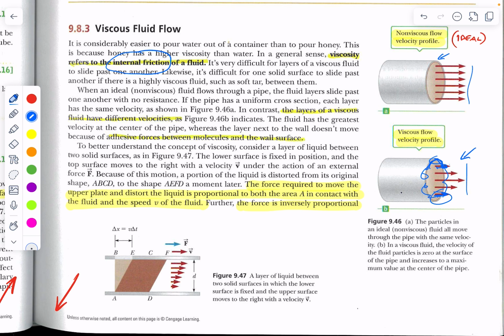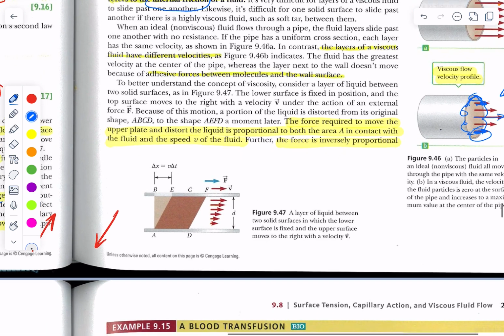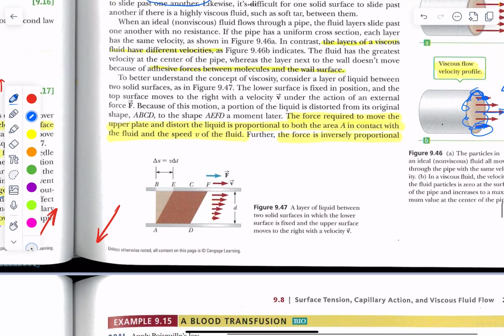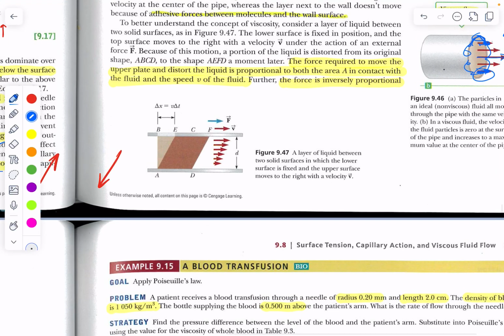And so your vectors representing the velocity of the fluid through your tube, it's greater in the middle and not so much at the end. And that's going to slow down the overall fluid flow, which means it's going to require a greater force to push the fluid through the tube.